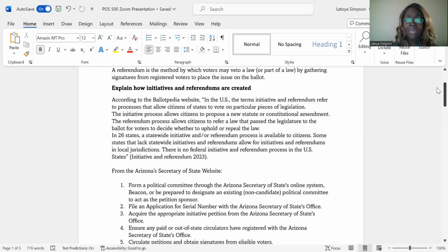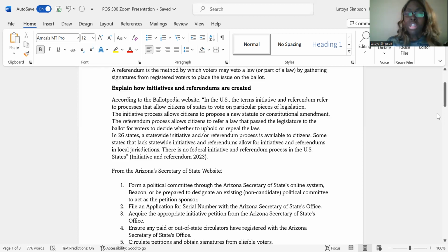Number three, acquire the appropriate initiative petition from the Secretary of State's office. Number four, ensure any paid or out-of-state circulators have registered with the Arizona Secretary of State's office.